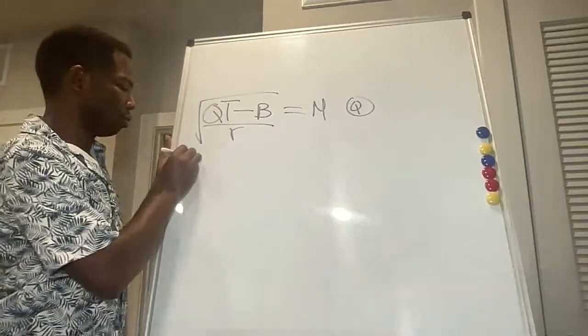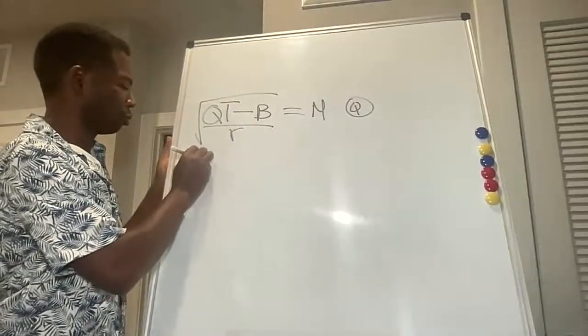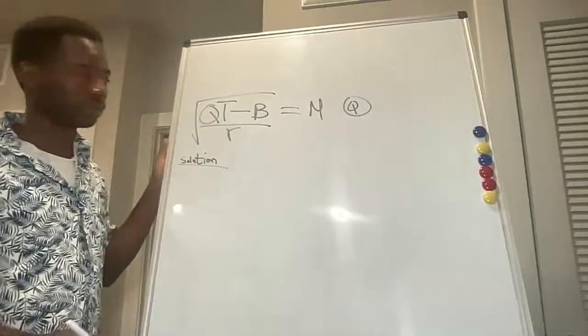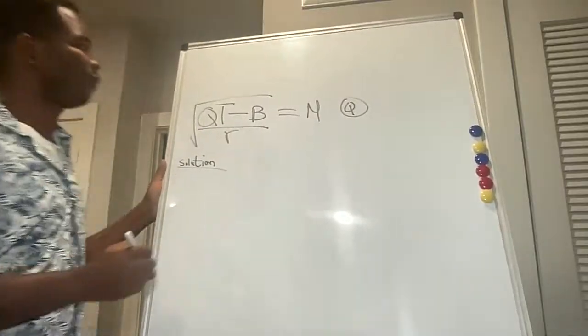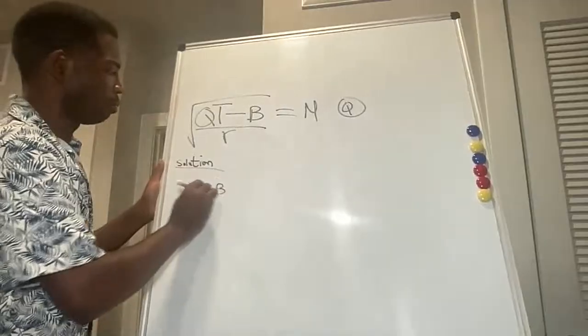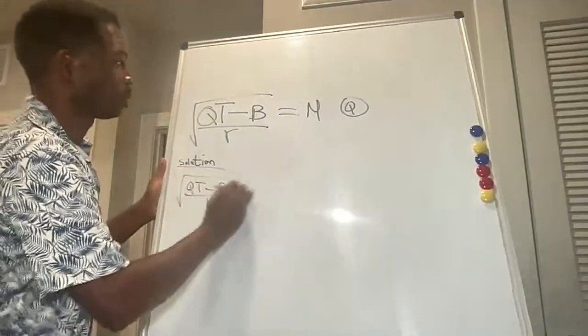First thing, solution. Now, first thing, bring out your equation. Square root of qt minus b over r is equals to what? N.